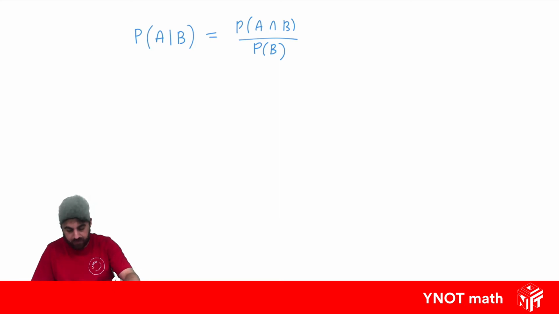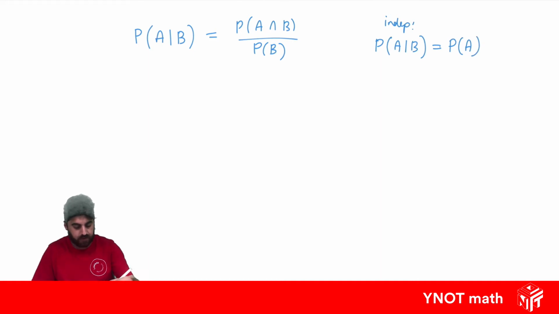But if the two events A and B are independent, the probability of A conditioned on B is actually just equal to the probability of A. And if this was the case, you could sub in P of A into your formula here.